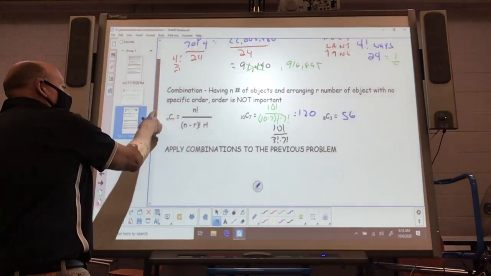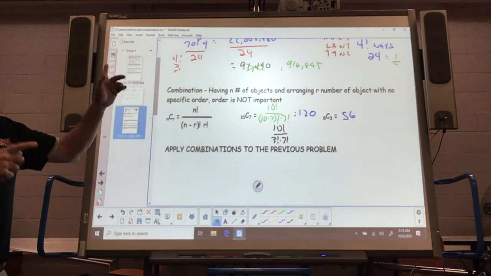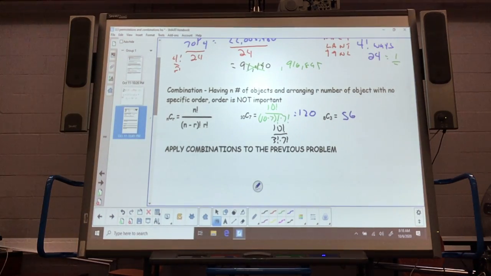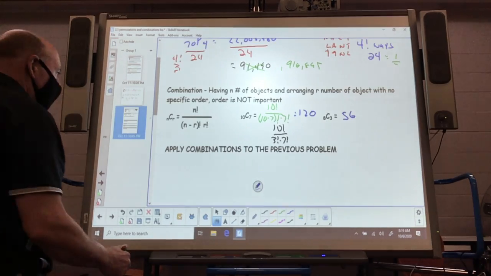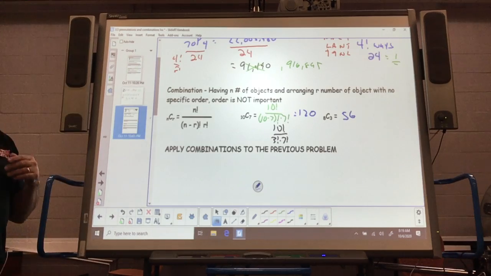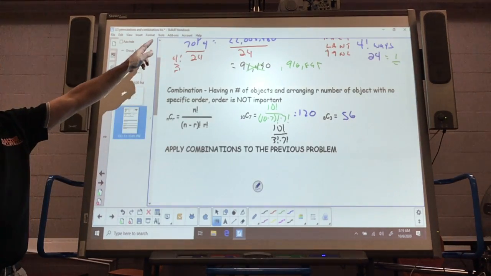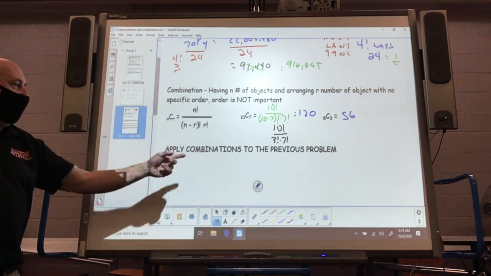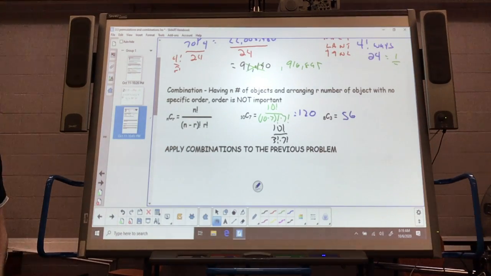And then down here, the previous problem where I'm choosing 4 of them to go to that sportsmanship conference. I have 70 people to choose from. Jordan, how can I rewrite that? I'm choosing 4 out of the 70 to go to the conference. How can I rewrite that as a combination? What comes first?